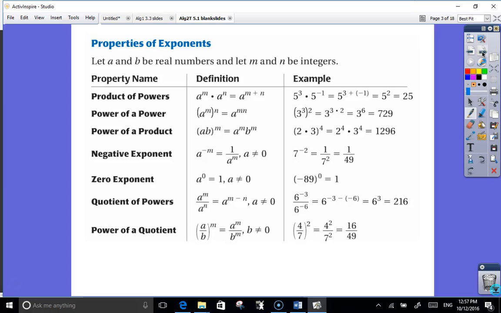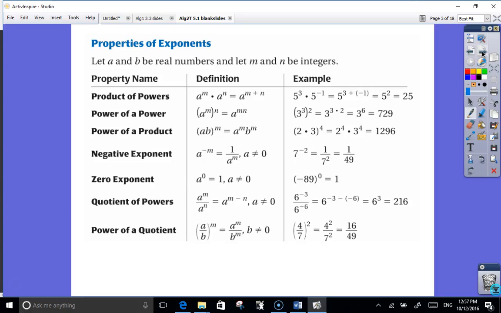So these are all the properties of exponents. And there's 7 of them. These are like cryptic codes there, but if you just look at the examples, it probably makes more sense to you.